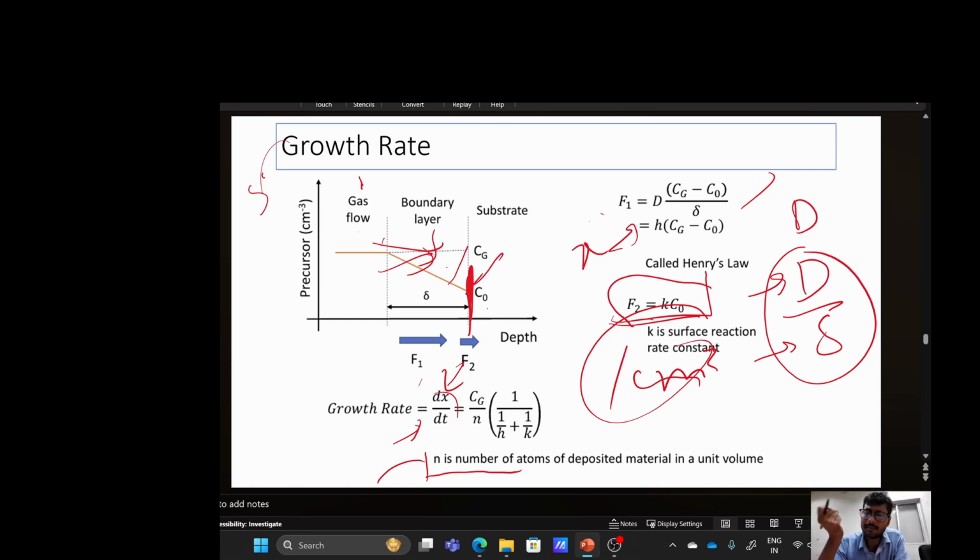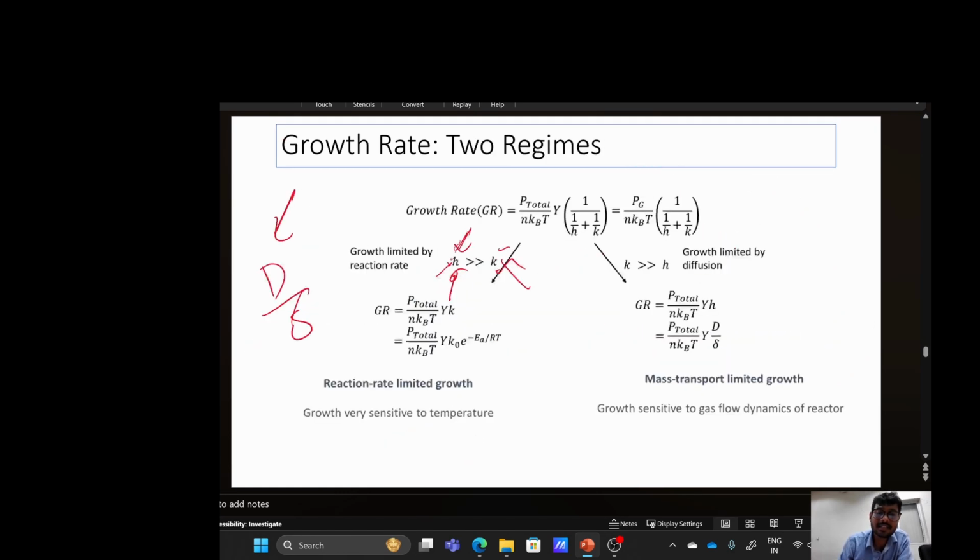We have plenty of precursor, but the reaction is not that fast. This is the condition H much greater than K. In this case the formula reduces to P total by N kBT into Y into K, and this K is the reaction coefficient, which varies exponentially with temperature.